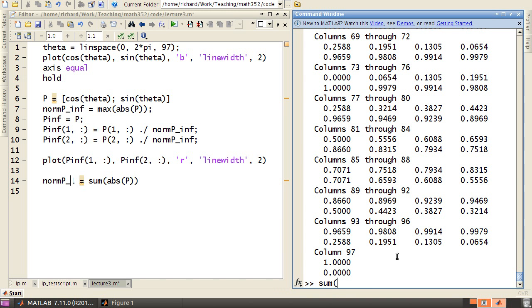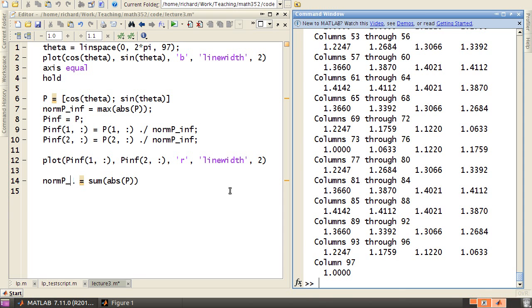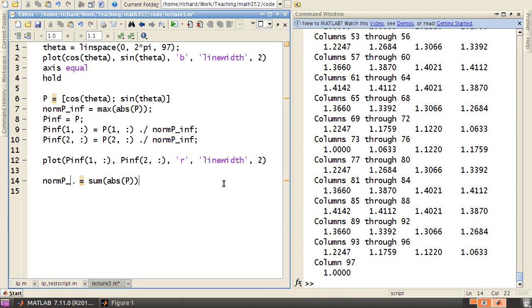If I take the sum of it, it sums up every column for me. So those numbers there are going to be the 1 norm of each of those unit vectors. I'm going to do the same thing as I did before. I'm going to scale my points P by their 1 norm so that we get unit vectors.